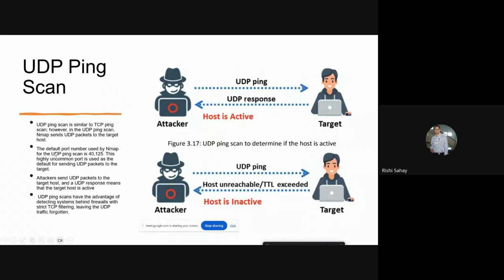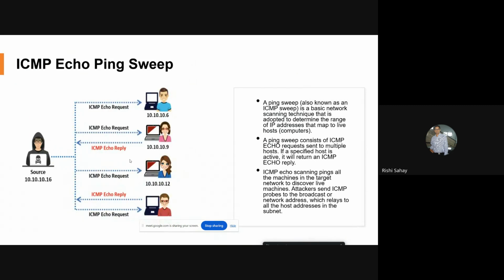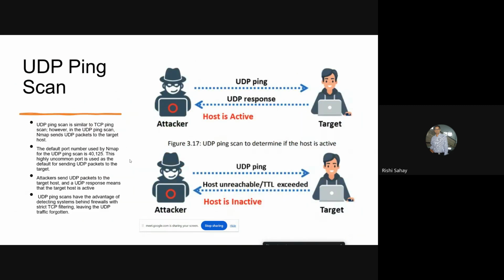Here you see the default port numbers used by Nmap for the UDP scan are 40 and 125, which Nmap uses by default. So you can also try to use these ports and see the response. There is an option in Zenmap also to try the UDP scan, and you can select that and then perform the scan.